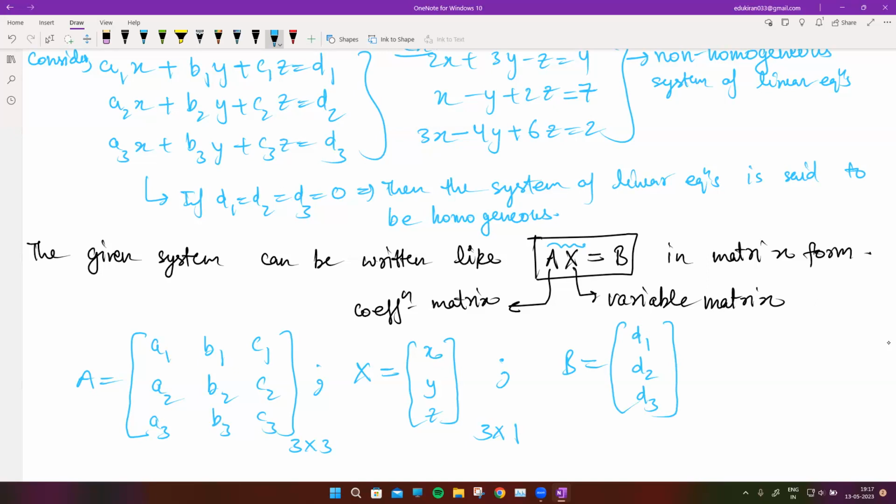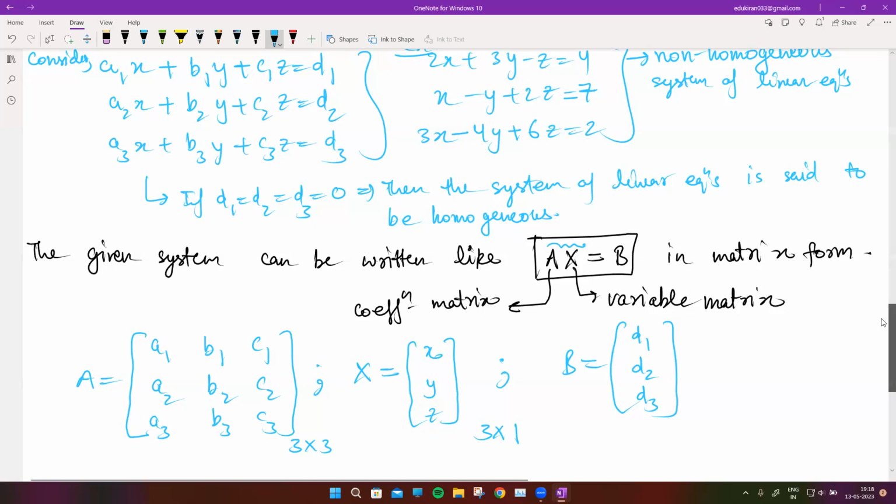If you have a system of linear equations, you basically have A, you have B, and you have to find X. That is our goal. Okay. Now, before we get to how we are solving this, I want everyone to form A, X, and B in this example.